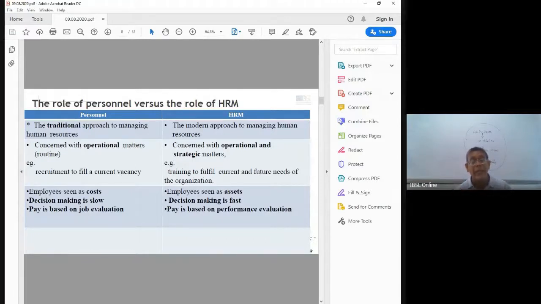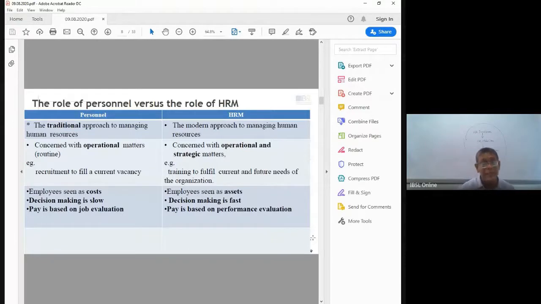But today, we talk not only about the operational but also the strategic role of HR, to what extent you use your human resources. That is why we have the HR strategic role.